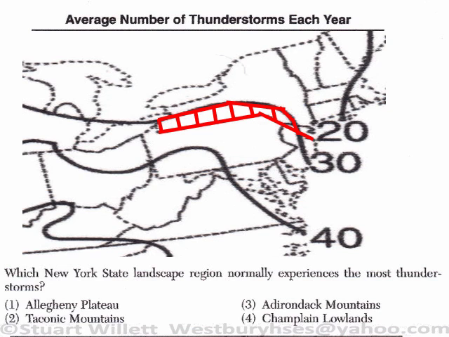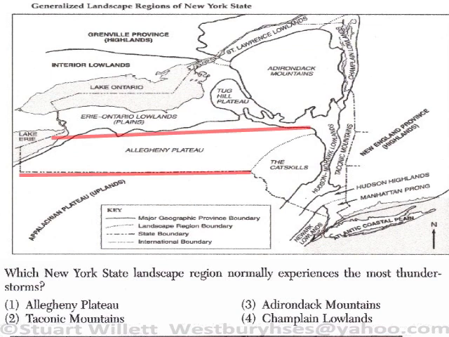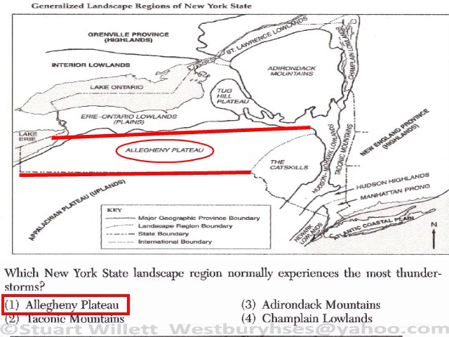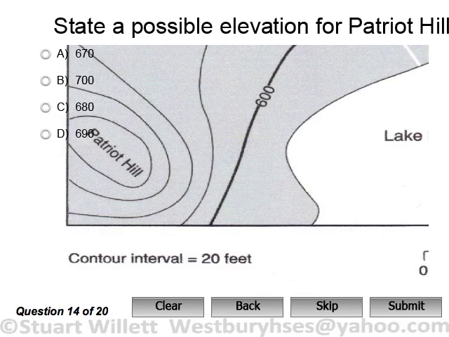Now I'm going to try to overlay the landscape region map from your Earth Science Reference Table, and we can see that this region with 30 or more thunderstorms is the Allegheny Plateau. So looking down at your possible answers, you can see answer number 1, I've just highlighted it, Allegheny Plateau. That's your answer.